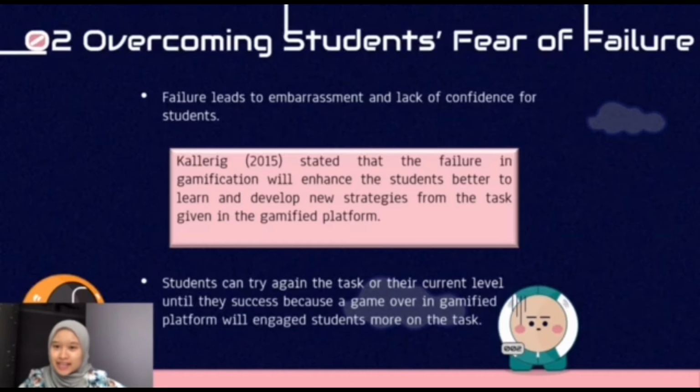Students can try again to do the task on their current level that they have not passed until they succeed. So this will cause students to be engaged more on the task. And while they are engaged on the task, they are still learning, right?